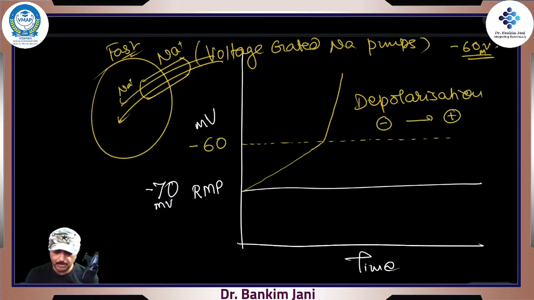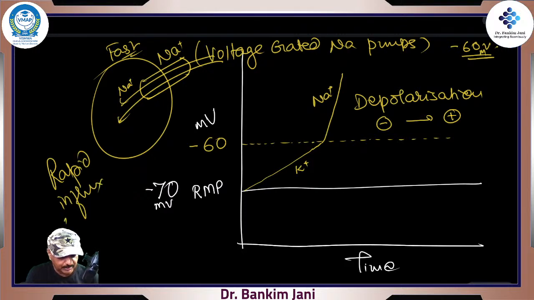But who is responsible? Potassium was responsible till it reaches this level, and then the sodium kicks in, and who takes it to a higher level? Rapid influx. Exactly. Very good. It is what is called the influx, the rapid influx of sodium.